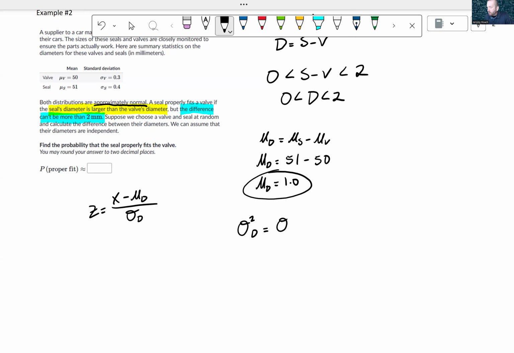So the variance of D is equal to the variance of V plus the variance of S. Remember, we're always adding the variance. So now this is going to be the standard deviation squared of V, which is 0.3 squared, plus standard deviation squared of S, which is 0.4 squared.